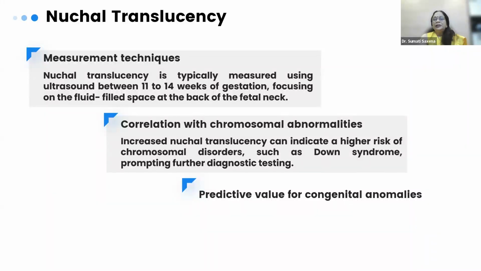It is associated with chromosomal abnormalities such as Down syndrome, or it may be because of congenital anomalies or some syndromes also. So you have to be careful when you see increased nuchal translucency, and you can then opt for invasive testing if you want to.